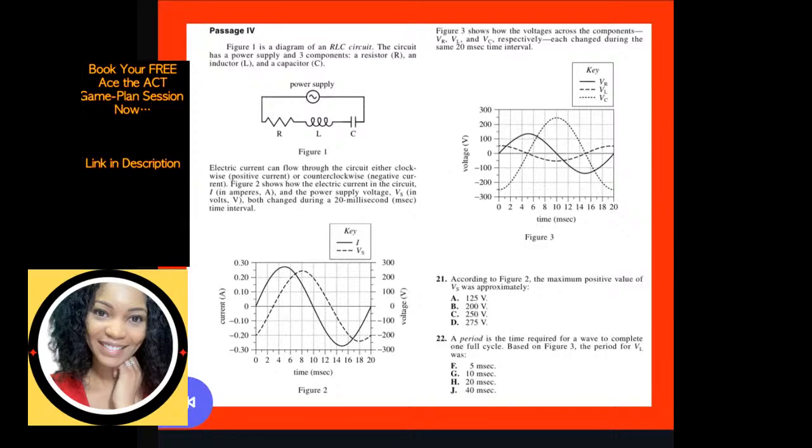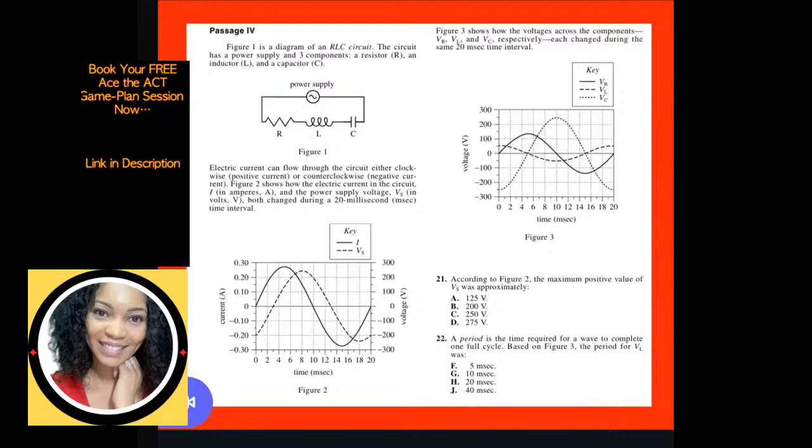And so these sample questions that I'm going to go over are actual released official ACT test questions, they are no different. They are based on the data. Okay, so we are going to just jump right in here, taking a look at question 21.